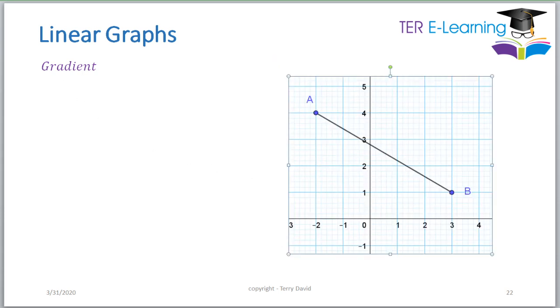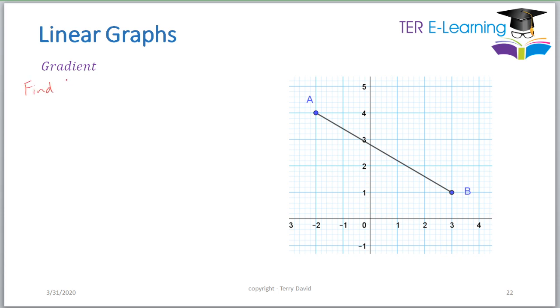All right, let me make sure you all understand that in the exam, the question is going to state something like, find the gradient of the line segment AB. That's what the question is going to say.